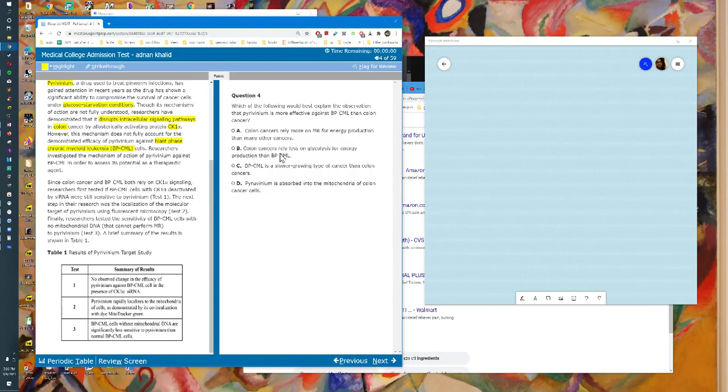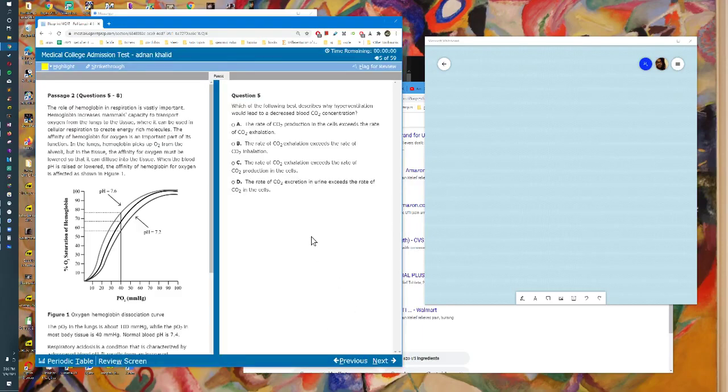That's a true statement, but it doesn't answer the question. Colon cancers rely less on glycolysis for energy production. Oh, these are not saying the same thing. This is saying that many other cancers. We don't know that. All we know we can compare it to is this. So even though the first part says the same thing, this is the right answer.